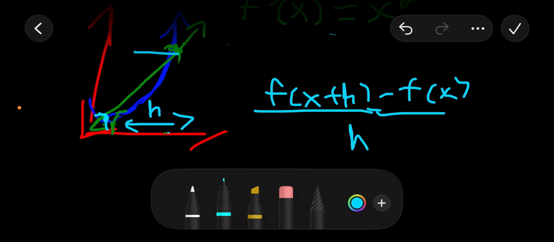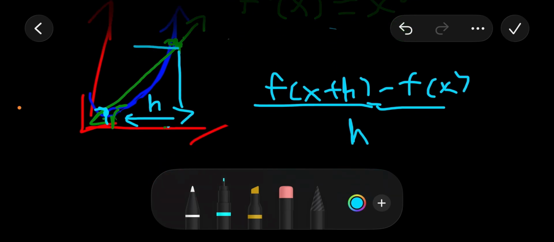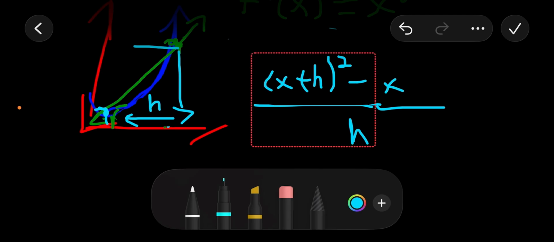Now, this is the formula. And we could actually do an example with this: the derivative of x squared. So, f of x equals x squared, right? So, instead we'll have x plus h squared minus x squared divided by h.